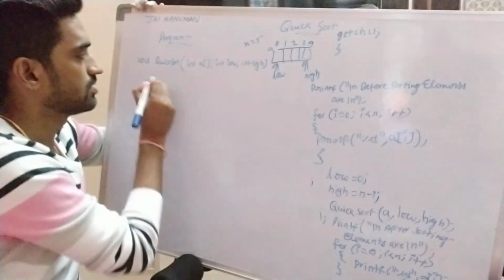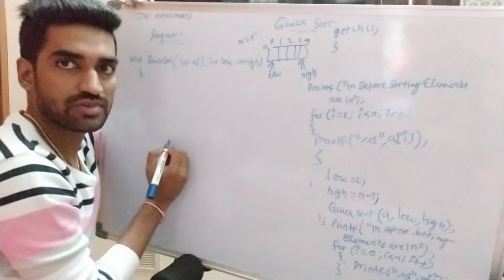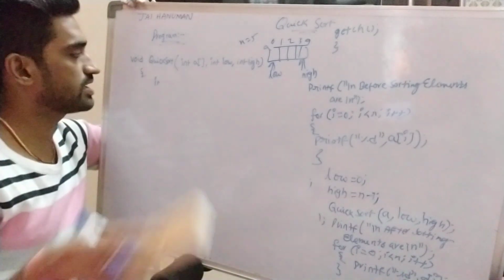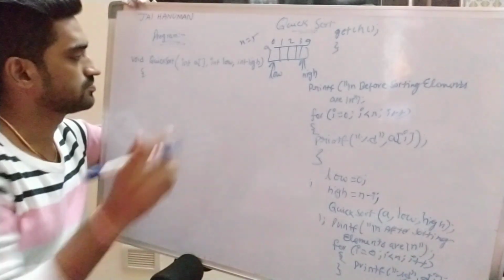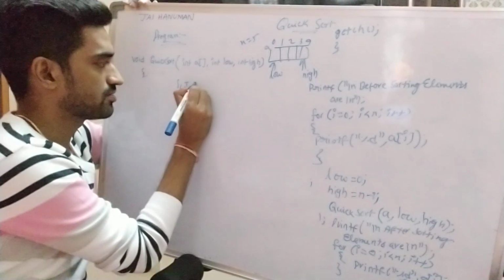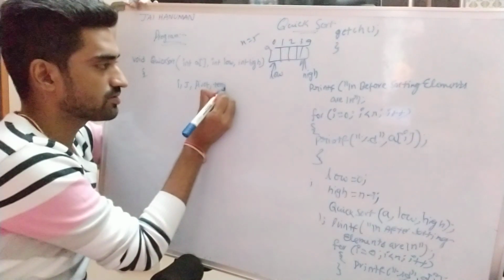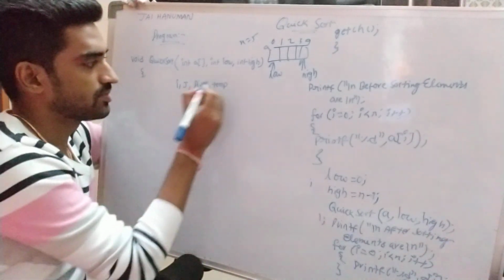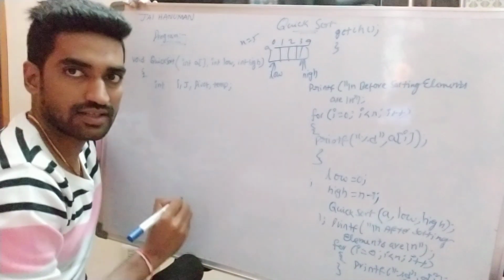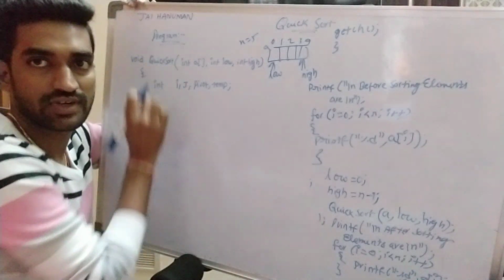This is the array. In this function definition, I am using some variables. Those variables are i, j, pivot, temp. All are integer variables, so that's why I am specifying the int data type, right? So this is the local declaration for this definition, right?